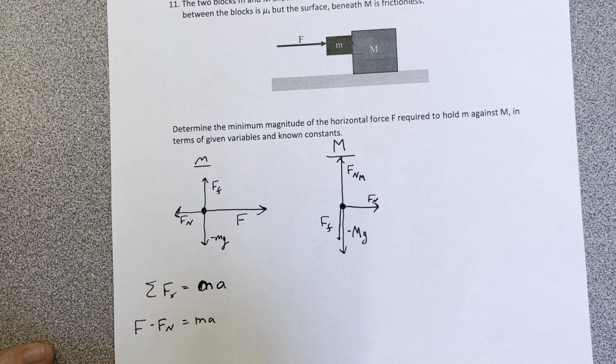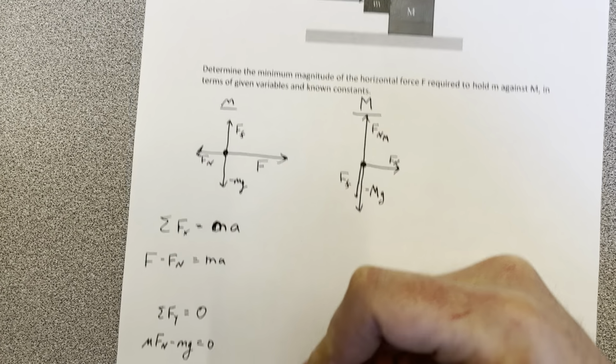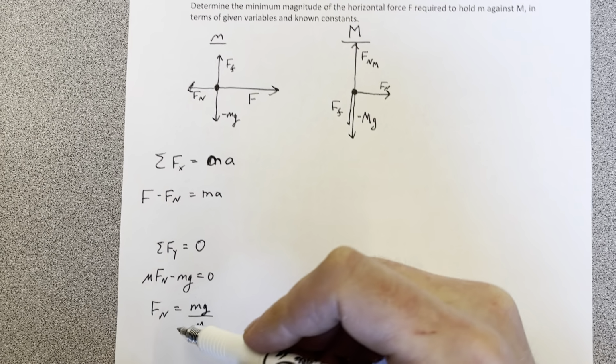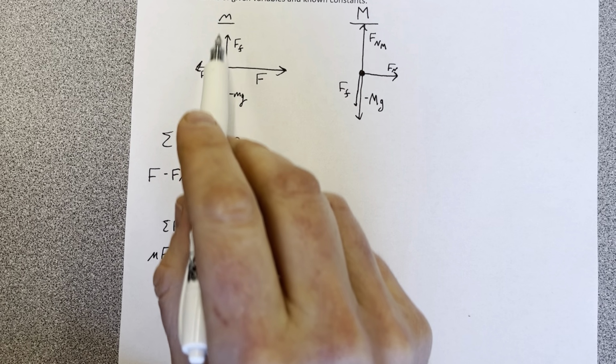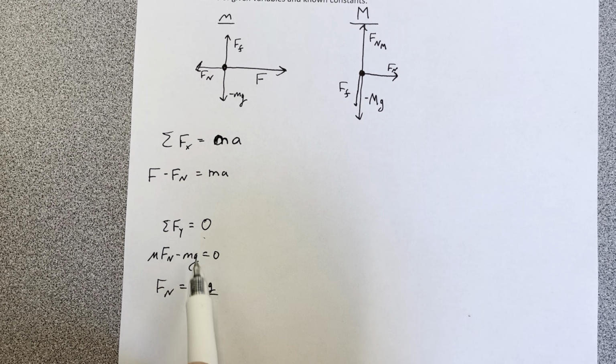So what's the normal force? Well, the normal force has got to be equal to, so I move that over here, Fn equals mg over mu, right? That's how big the normal force has to be. Oh man, my bad. Sum of the forces in the y equals 0, mu Fn minus mg equals 0, Fn equals mg over mu. So this is the frictional force minus gravitational force. Frictional force is up, gravitational force I said was negative.